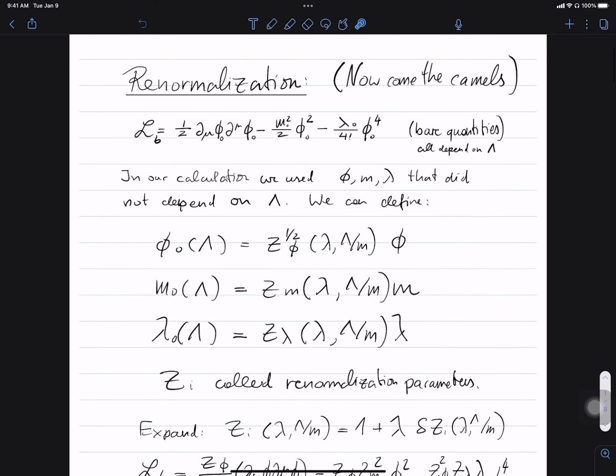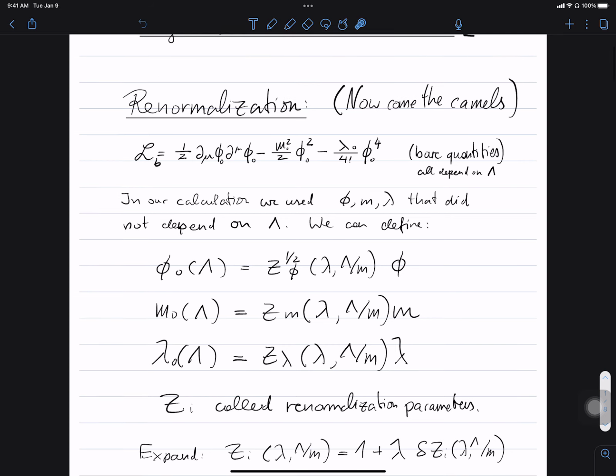So we can write the definitions like this, where the Z's are called the renormalization parameters, and the only special term here is the wave function renormalization parameter. The others are pretty much called as the couplings themselves.